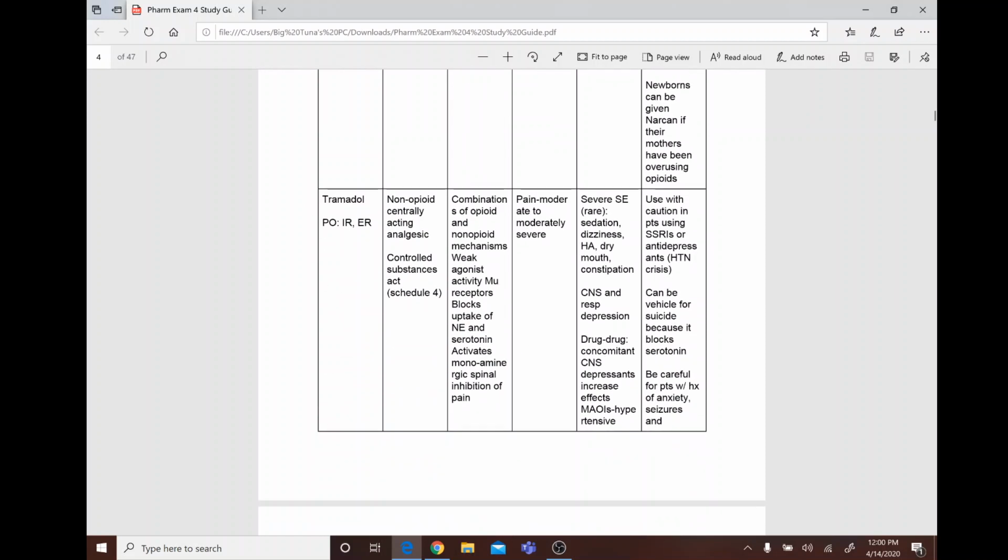All right, Tramadol. How do we administer Tramadol? PO, immediate or extended release. What is the therapeutic class of Tramadol? Non-opioid, centrally acting analgesic. What is the Controlled Substance Act of Tramadol? Schedule 4. What is the action of Tramadol?